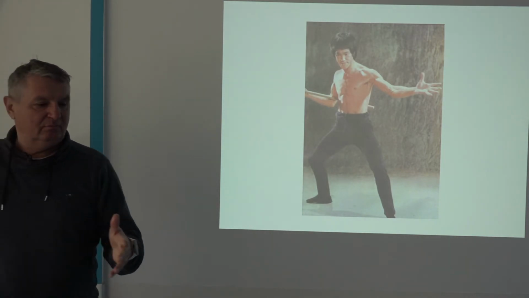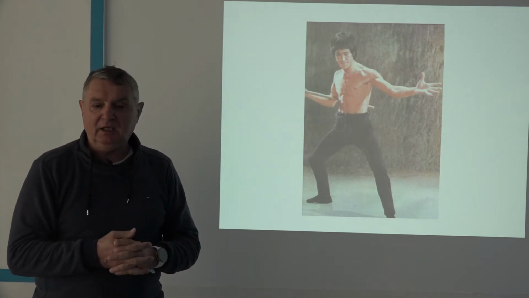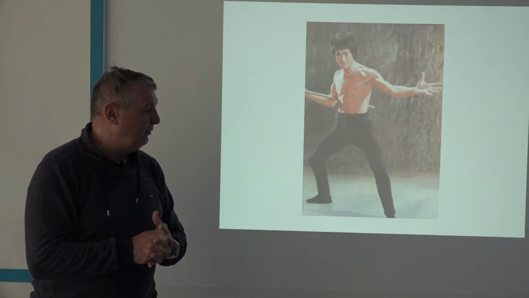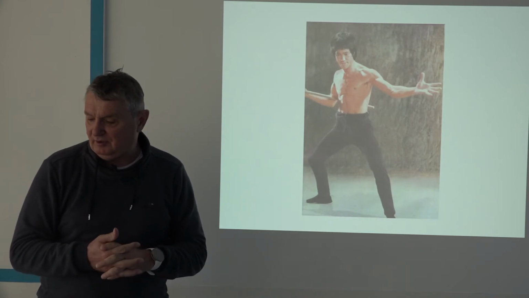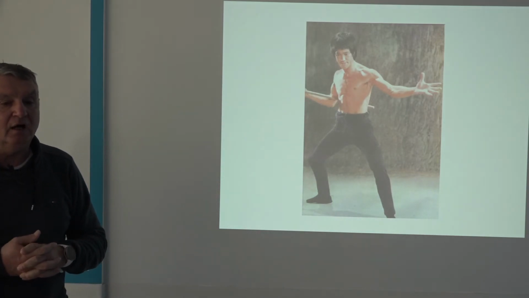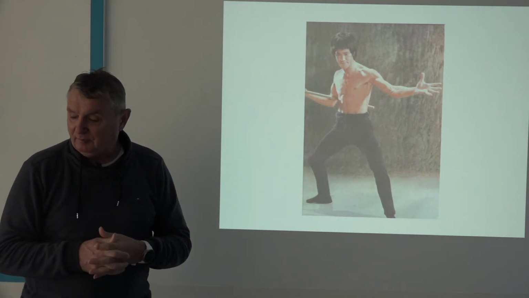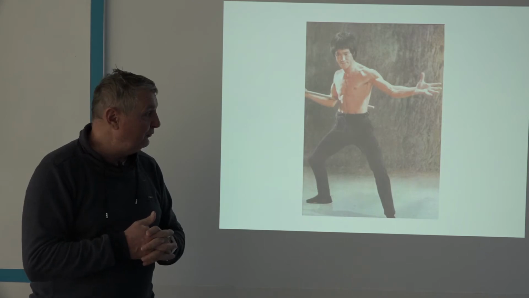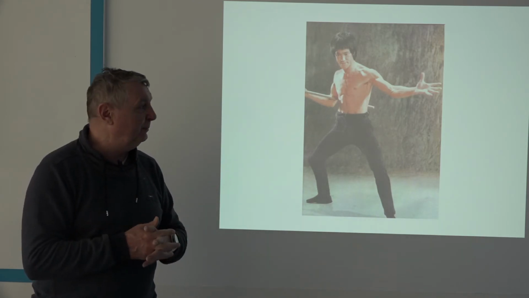By one punch, he could break maybe 10 bricks. How is it possible? Very different way than Arnold Schwarzenegger. Both of them were very successful and, of course, very powerful, but completely different pathway.